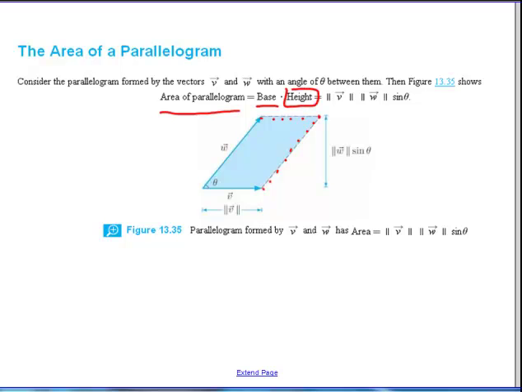Given this vector w and this angle theta, this height is going to equal the magnitude of w times sine theta. And that's just basic trig. This height here is the same as this height here, and we're just doing right angle trigonometry.